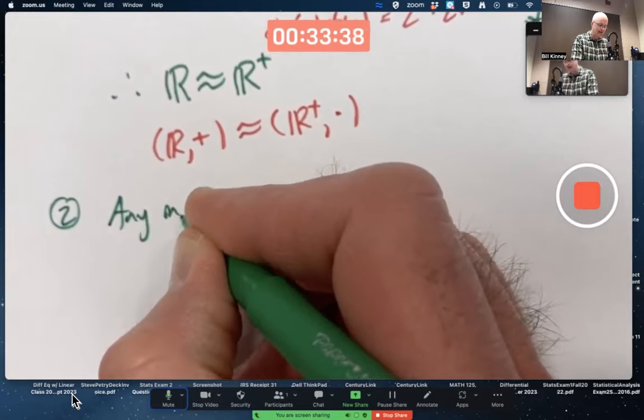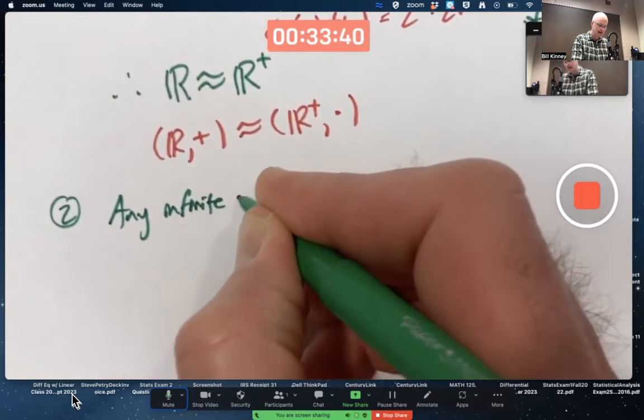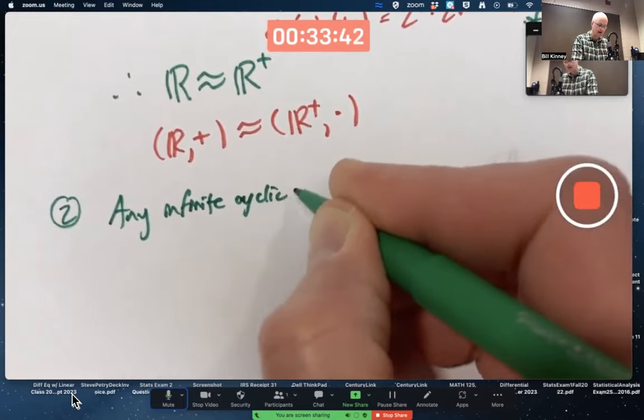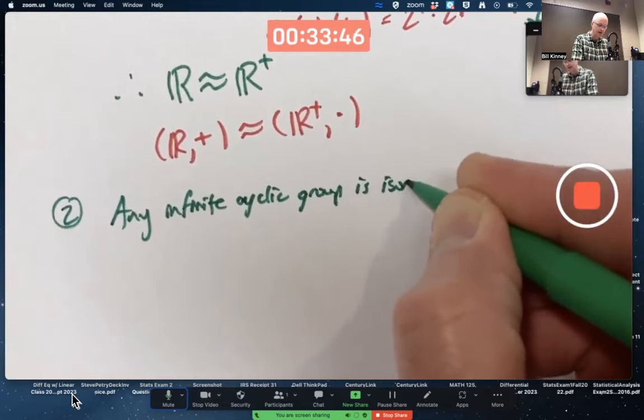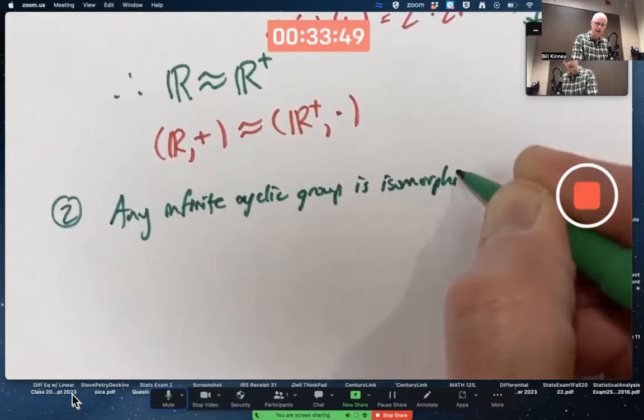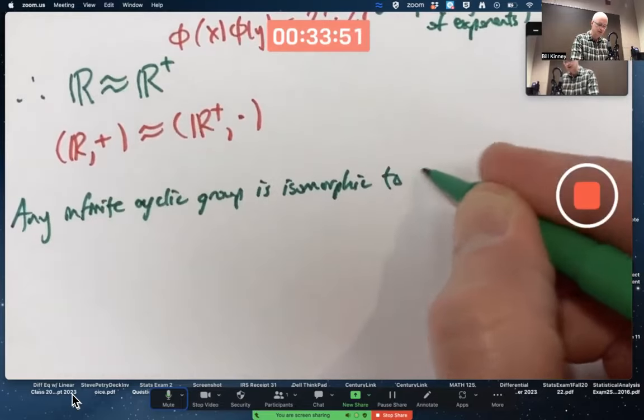Any infinite cyclic group is isomorphic to the integers.